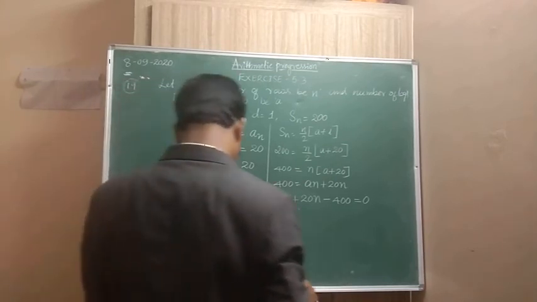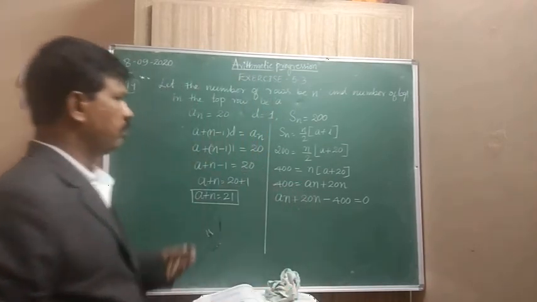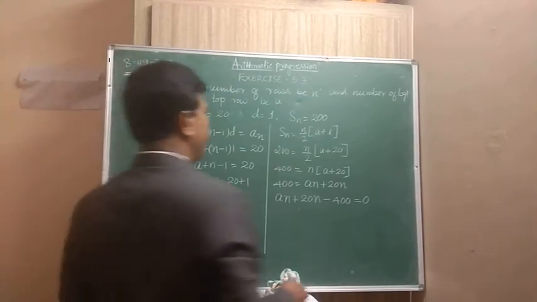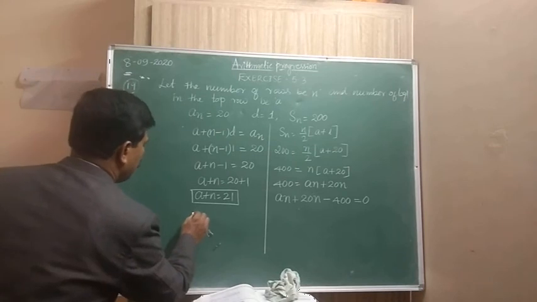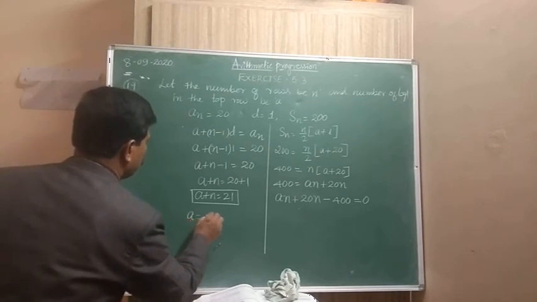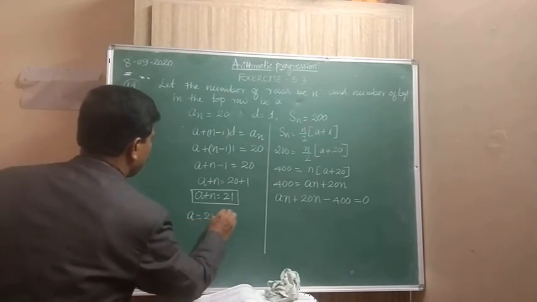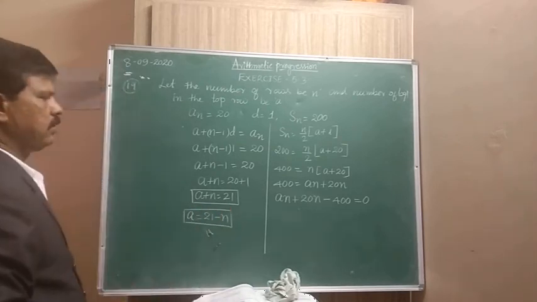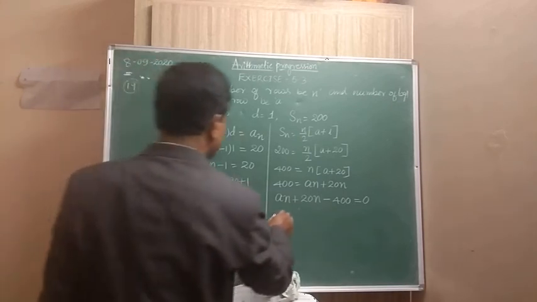Understood? Then replace a. Now look at this: a is equal to 21 minus n.